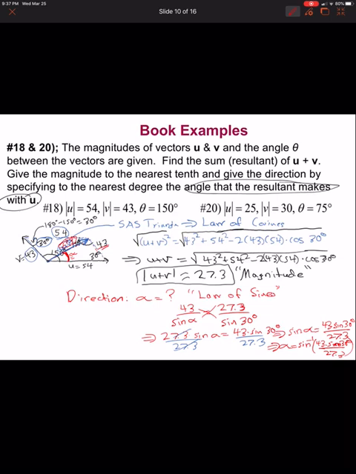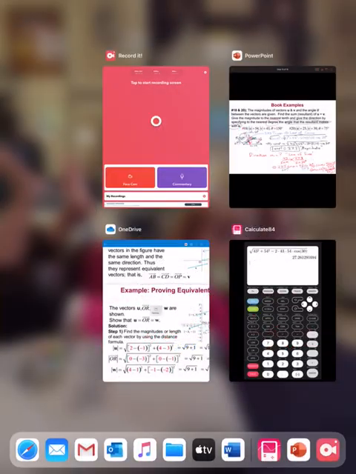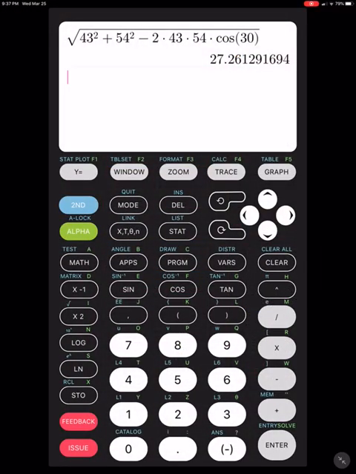Now remember, we want this to the nearest degree, so the nearest whole number. Let's see what happens when we take the sine inverse of 43 times sine of 30 over 27.3. That'll give us our angle measurement for alpha. Let's type that in together. Let's pull up our TI. We need the second button, second sine for sine inverse.